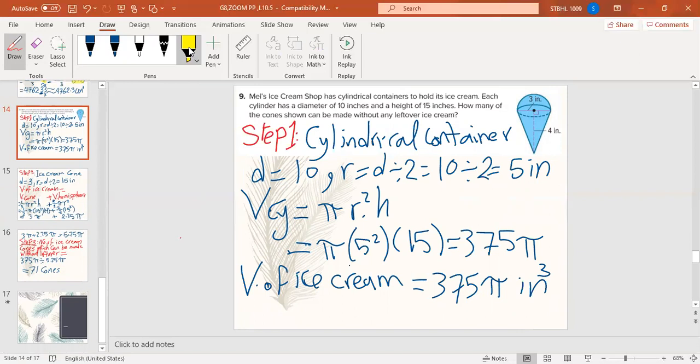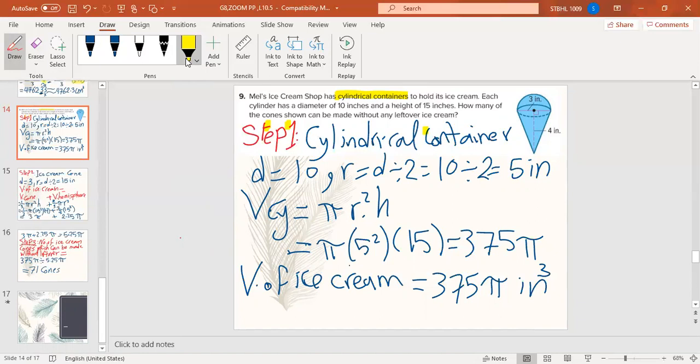Mel's ice cream shop has a cylindrical container to hold its ice cream. Each cylinder has a diameter of 10 inches and height 15 inches. How many of the cones shown can be made without any leftover ice cream?